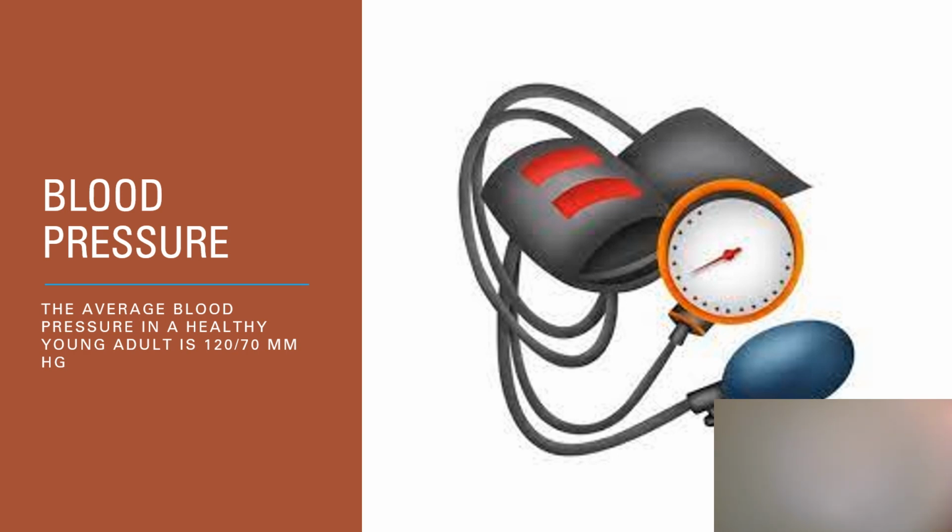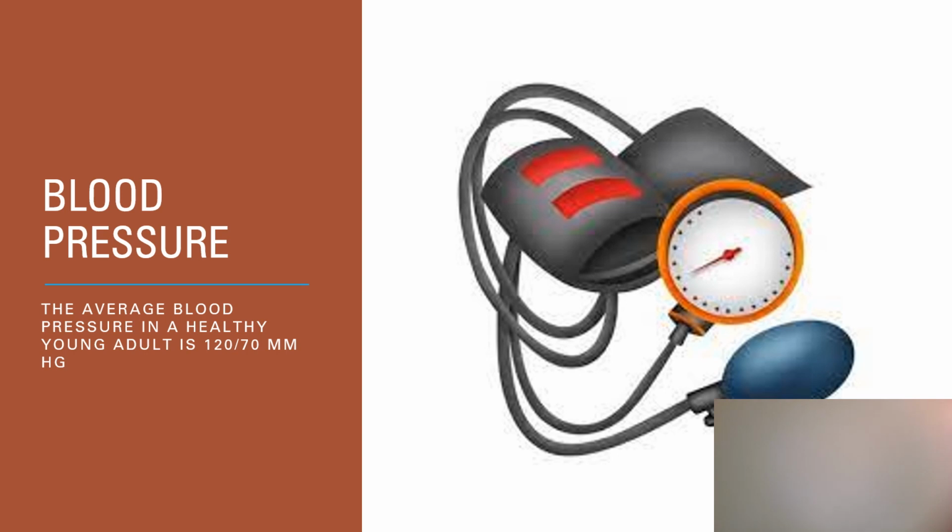The client should not talk, the nurse should not talk, making sure feet are flat on the floor, making sure they're sitting upright, and the blood pressure cuff is at the heart level. All of those things are going to help assure that we have obtained the most accurate reading possible.